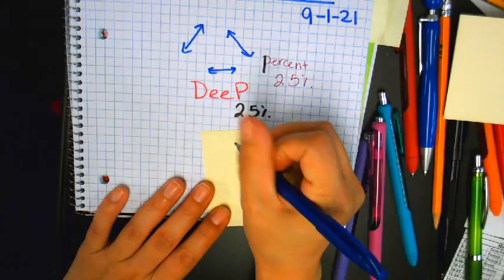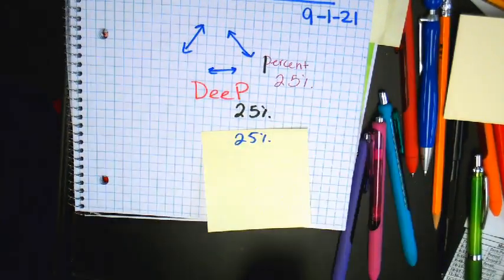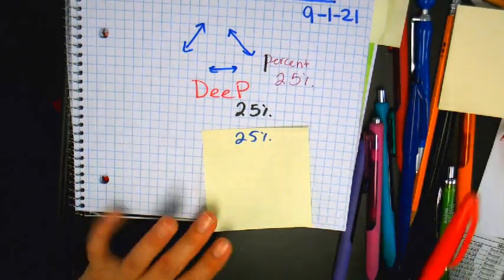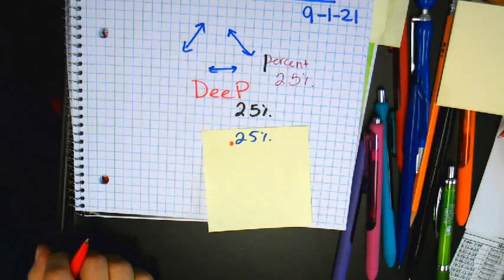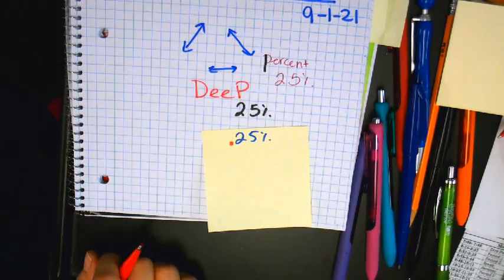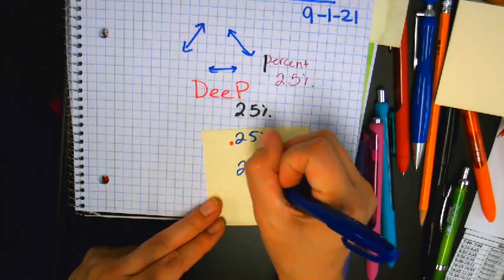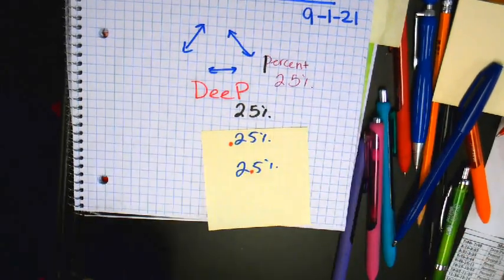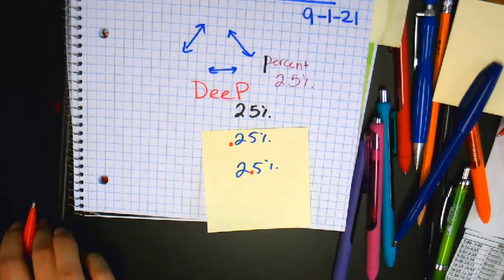Oh, Miss Amelie, 25%. And I ask you, well, where's the decimal right now? Oh, Miss Amelie, it's right here in the front. Why'd you put it in the front? Because it didn't have one, so we just stuck it in the front. No. Well, where are you going to put it? Oh, in the middle. Why? I don't know, because I just decided to put it in the middle.